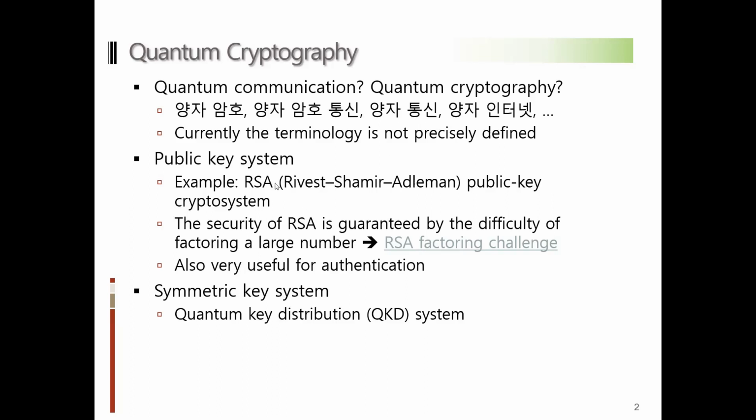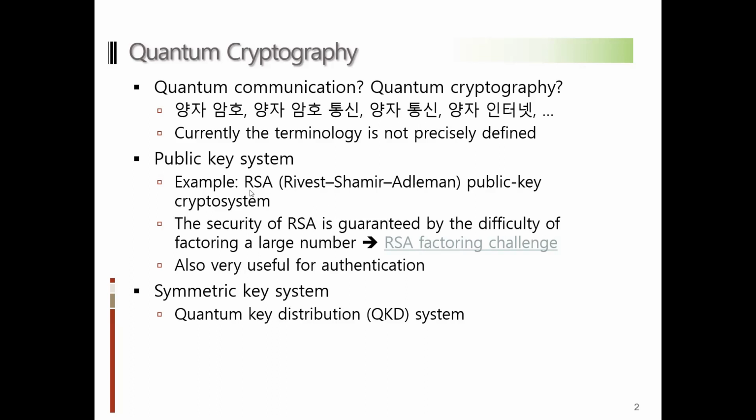But today I will just briefly mention that one of the most famous public key systems is called the RSA public key crypto system, and RSA is the acronym of the three inventors' names.